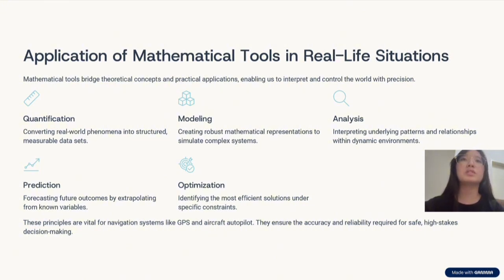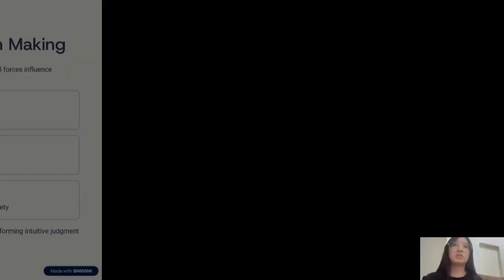These principles are vital for navigation systems like GPS and aircraft autopilot. They ensure the accuracy and reliability required for safe, high-stakes decision-making.